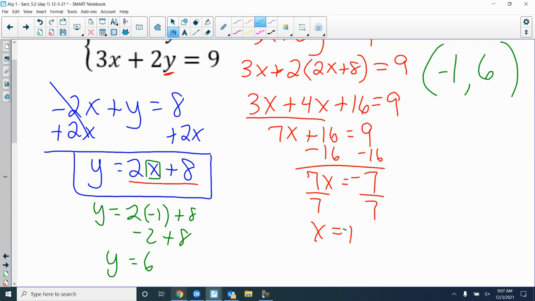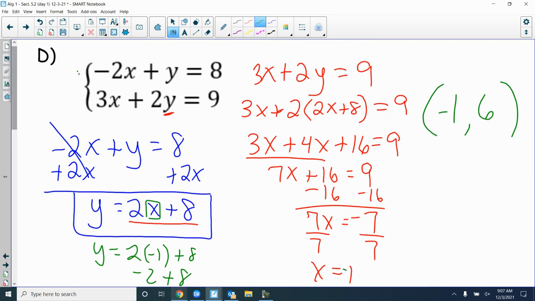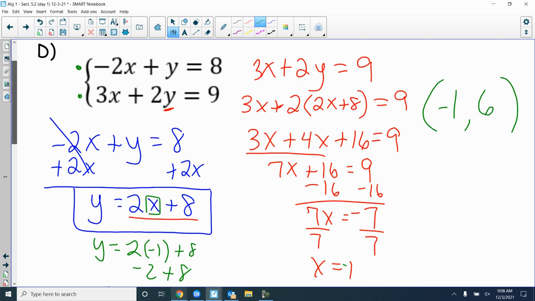Now, what would you do tonight on your homework? Do what with your computer? Put those both in Desmos, and you should get what for the intersection? Negative 1, 6. Okay? Negative 1, 6.